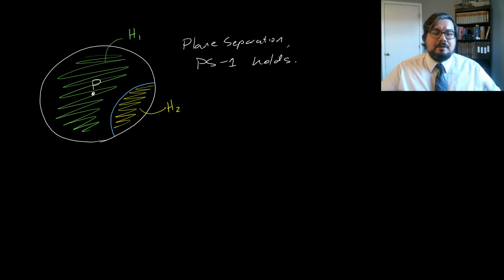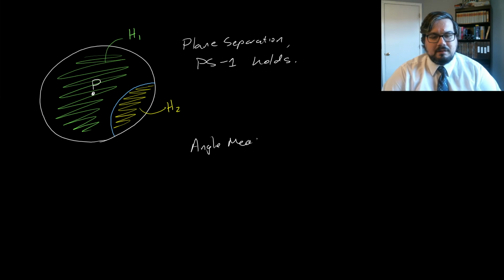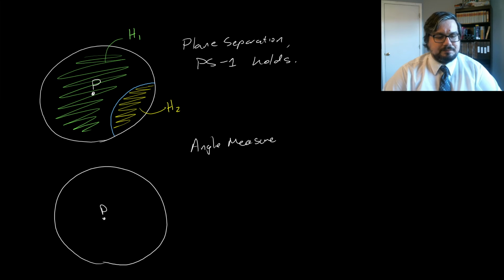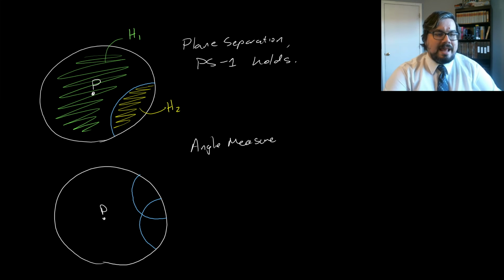Now, before we move on and look at anything else, we need to talk about angle measure. How is angle measure defined? If we take a couple of lines in our model that intersect, then we can construct the rays.